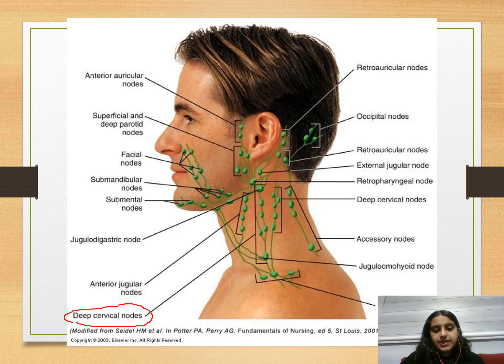That's pretty common to see there. Here we have some accessory nodes back here. They tend to be harder to feel for. At times in private practice I have found the auricular nodes over here, so that's kind of easy to find. Another very common one is the submandibular nodes. These are pretty common to find as well, so keep an eye out for those.